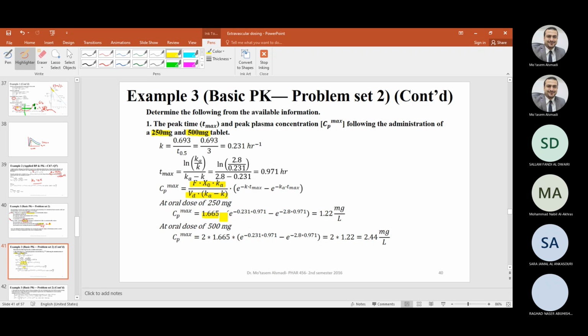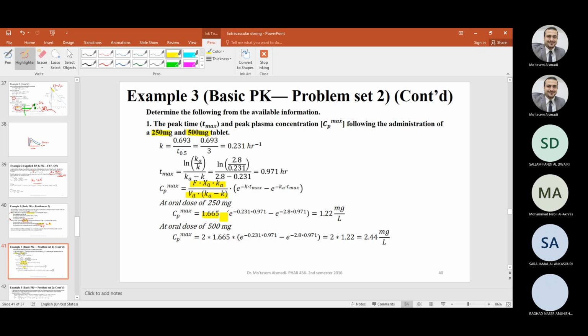And we know that the K is equal to 0.231, and the Tmax we calculated to be 0.971, right? And we know that the Ka is equal to 2.8 per hour. Again, the Tmax is equal to 0.971. So the Cp max at the dose of 250 milligrams is equal to 1.22, right?